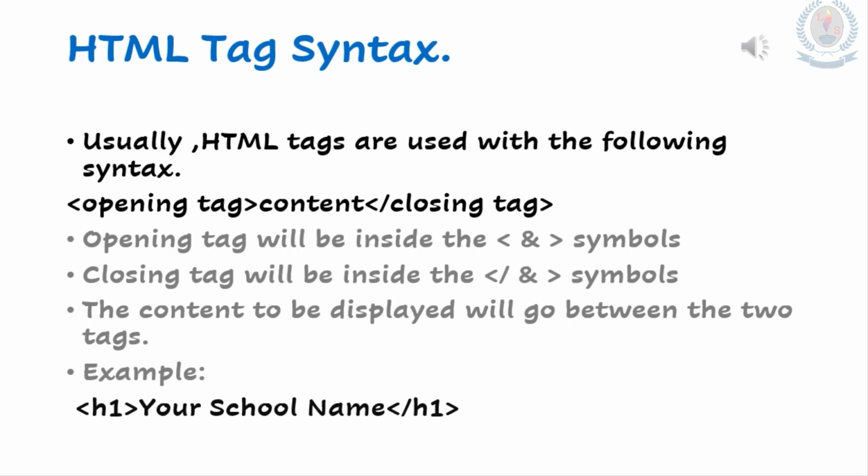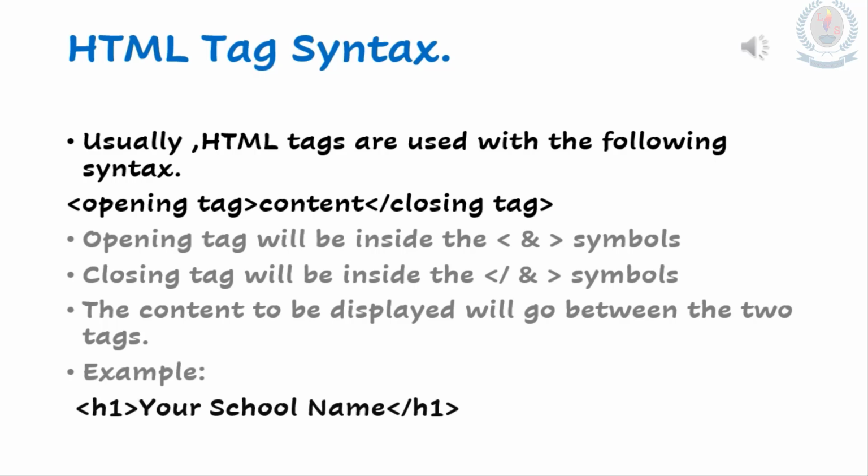HTML tag syntax. Usually, HTML tags are used with the following syntax. The content is in between the opening tag and closing tag. The opening tag will be inside the angle brackets. For the closing tag, you have to add the backward slash in between the angle brackets. The content to be displayed will go between two tags, as shown in the example.